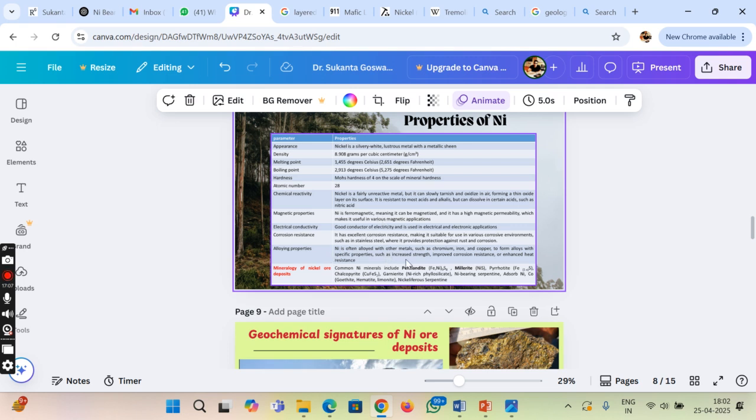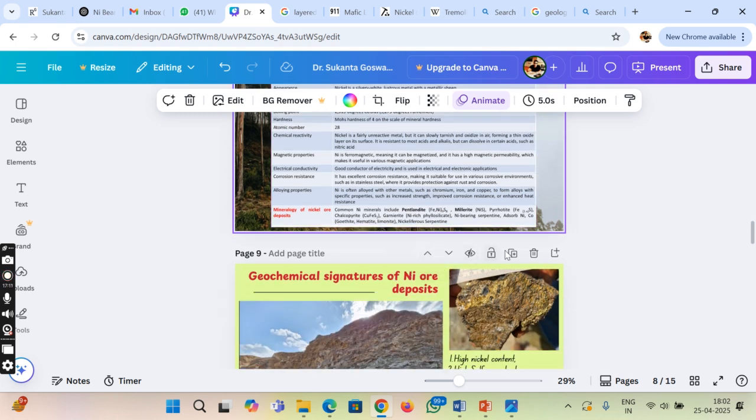Alloying properties are there. And overall, if we see the mineralogy of nickel ore, commonly nickel minerals include pentlandite, millerite, nickel silicate, nickel sulfide. Pentlandite is iron nickel sulfide. Then pyrrhotite, the formula of course is Fe1-xS, but nickel is present. That is not shown in the mineral formula because it is a little bit lesser, but it is present most of the times.